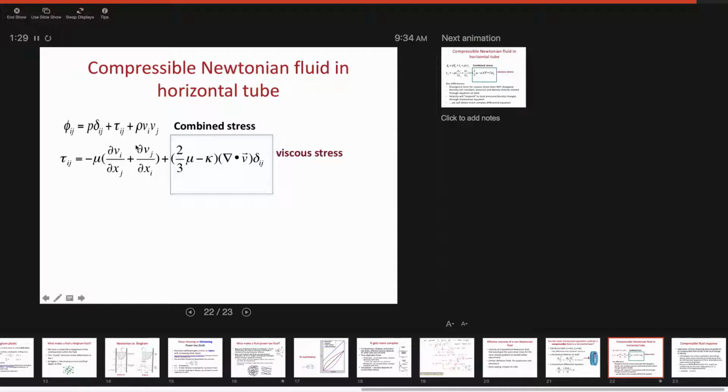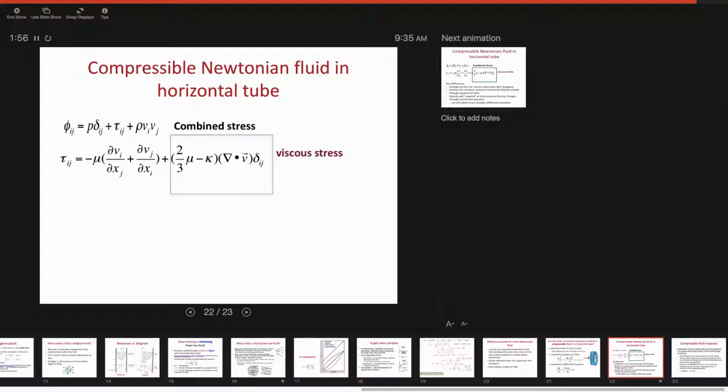So if I remind myself, my viscous stress is described with this portion. It's just that there is a portion here that is not going to disappear. So I will have a non-zero divergence for compressible fluid. And then I have this term 2/3 mu minus kappa, kappa being dilatational viscosity.